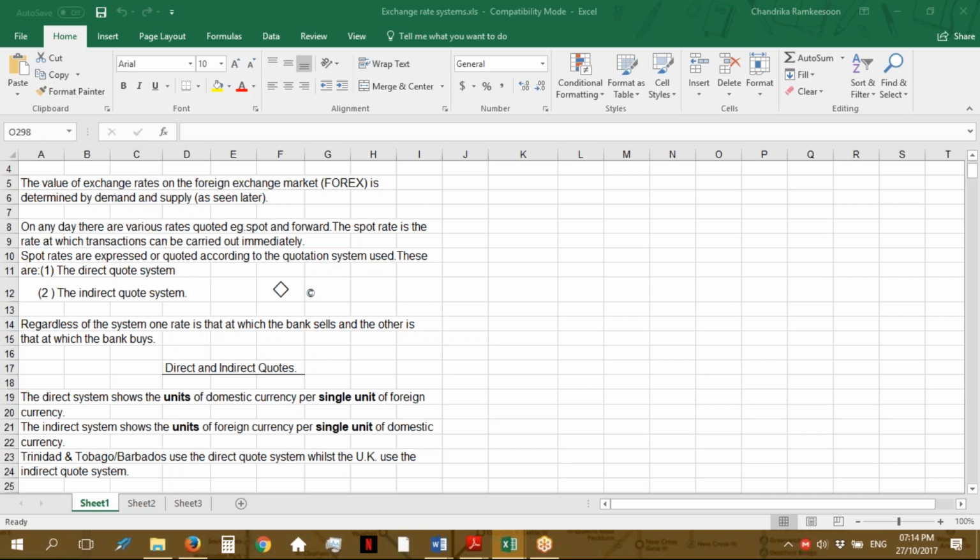Whereas if the indirect system is used, because everything is turned around, the banks sell low and buy high, and therefore he will give you the rate accordingly, as you will see. So if you choose to use direct and use the rates that he gives you, there is a pretty good chance you'll mess it up, because you'll not be working like with like. You'll be working in the direct quote calculation with an indirect quote. So don't do that. Your best bet, you need to use the indirect.